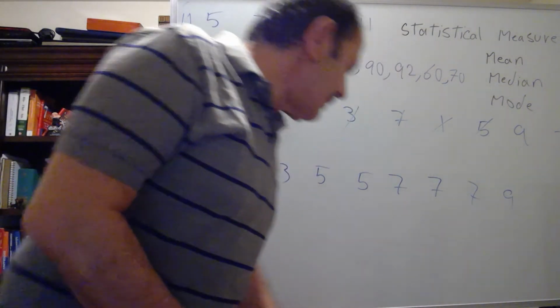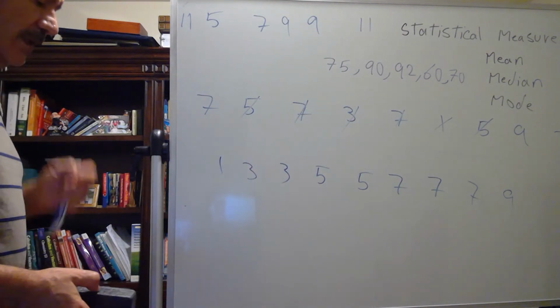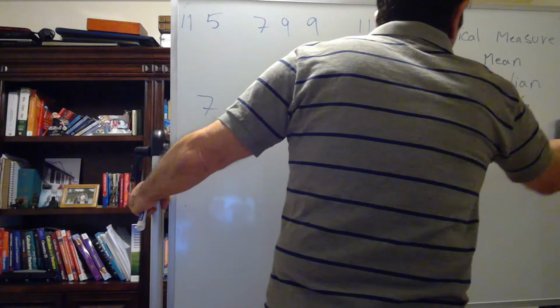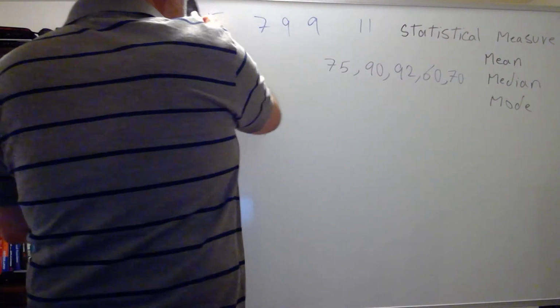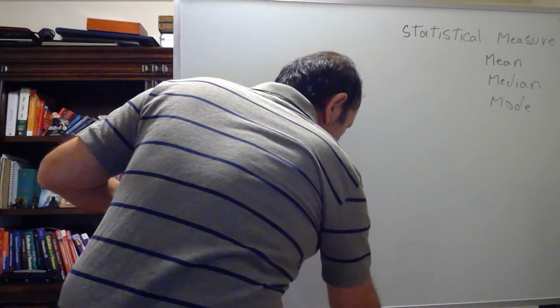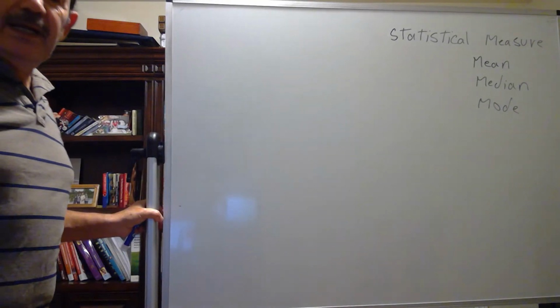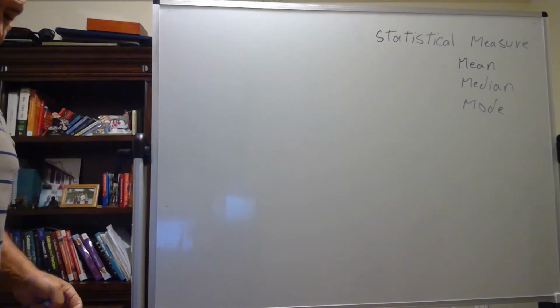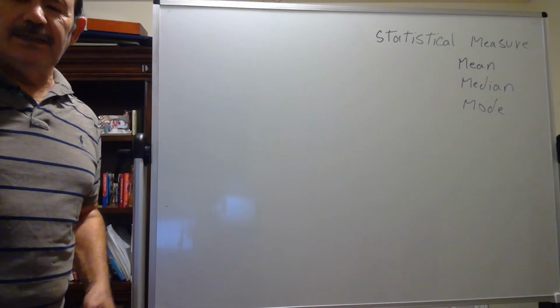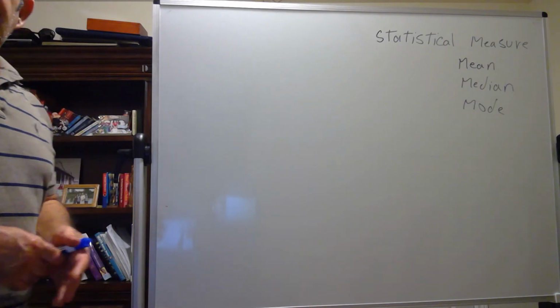Now pay attention, sometimes the question is going to be confusing. Let's say I'm doing a survey and I'm asking which color, from 50 people, each of them likes.